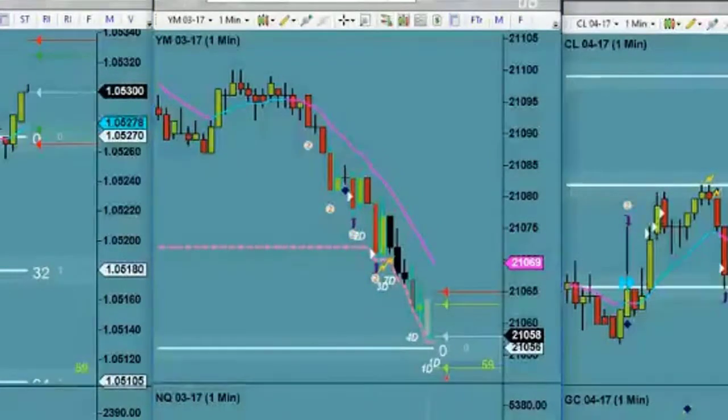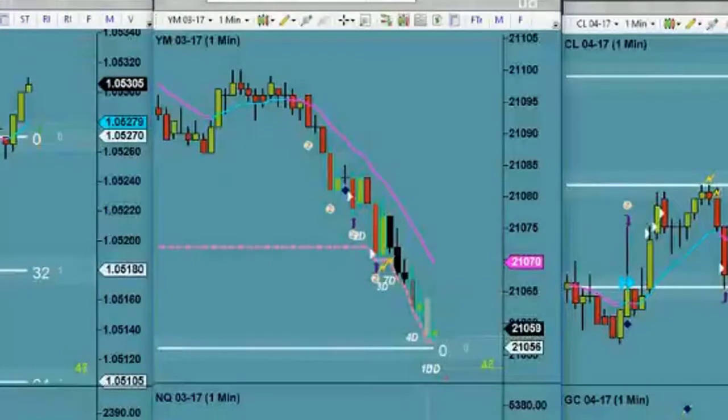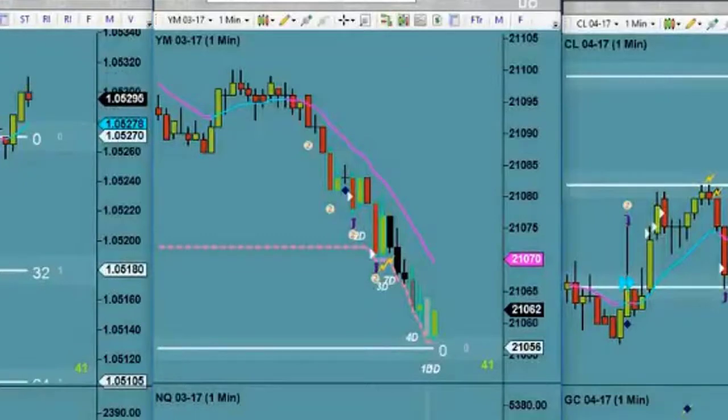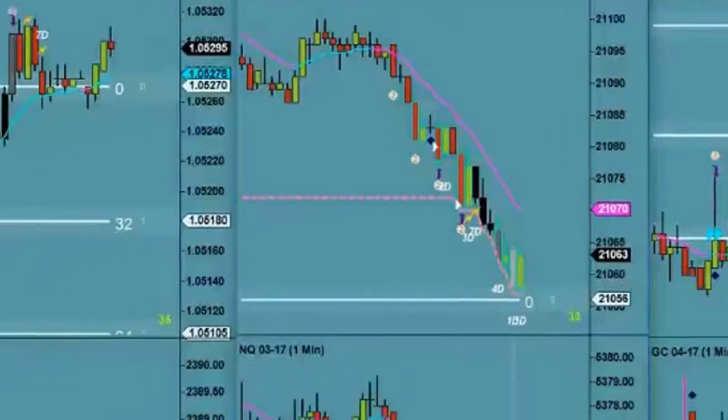Price opened above, so we're still good. I'll let price test it a little bit. So now I'm bringing my stop up as I'm watching price hit this bounce. And +5.